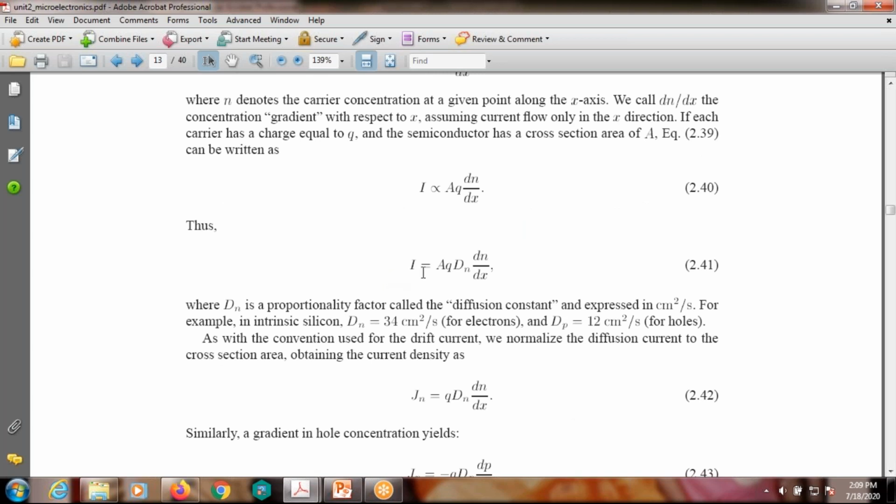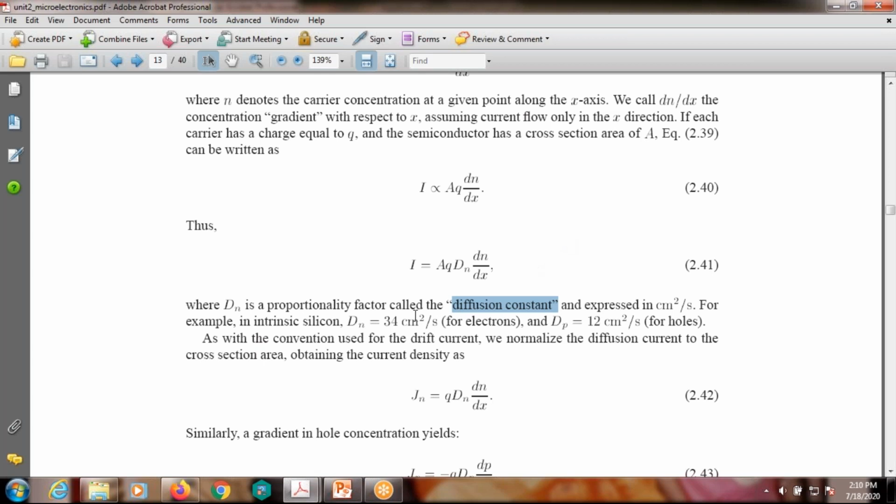Observe that the left-hand side is current, but the right-hand side does not have current units. So to make the units match, I is equal to A q D_N dN by dx, where D_N is the proportionality factor, also called the diffusion constant.